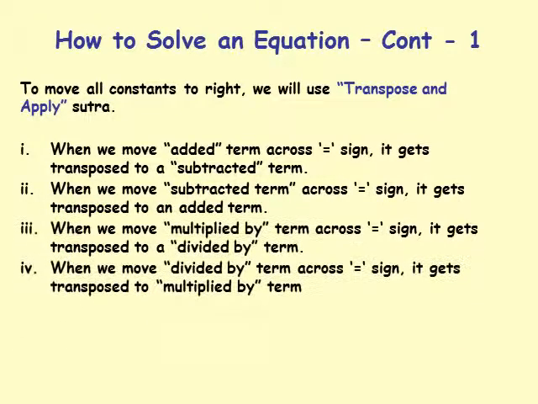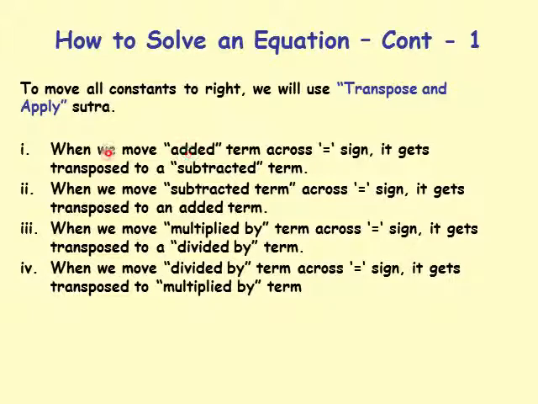When we move a multiplied by term across the equal sign, it gets transposed to a divided by term. When we move a divided by term across the equal sign, it gets transposed to a multiplied by term.